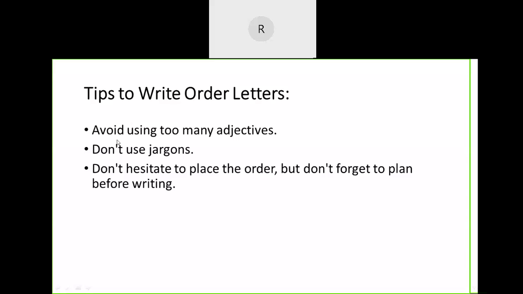And then the information about the company. This is not actually necessary, because you have introduced yourself while inquiring about the product before, right? Before coming to the order letter, you must have inquired with the seller. So if you have not inquired with the seller and are directly placing an order, you just mention about your company or your future plans, and this is just optional.